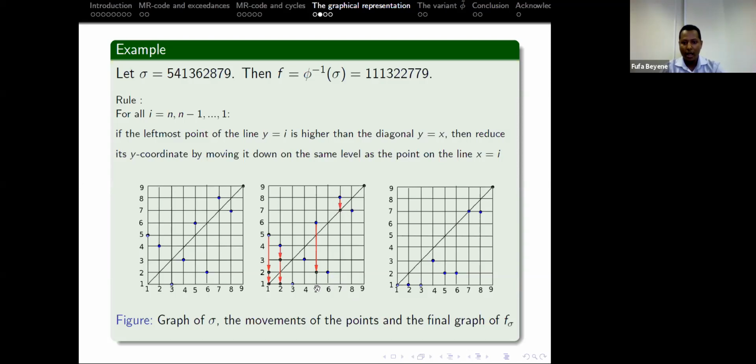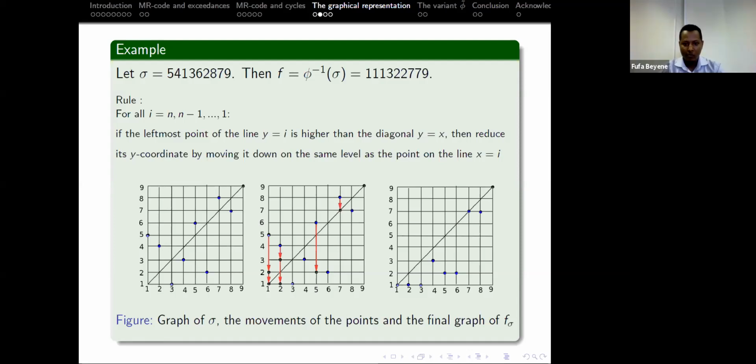For i equal to 5, you should look at the point with y coordinate equal to 5, so you are acting on the point (1, 5).